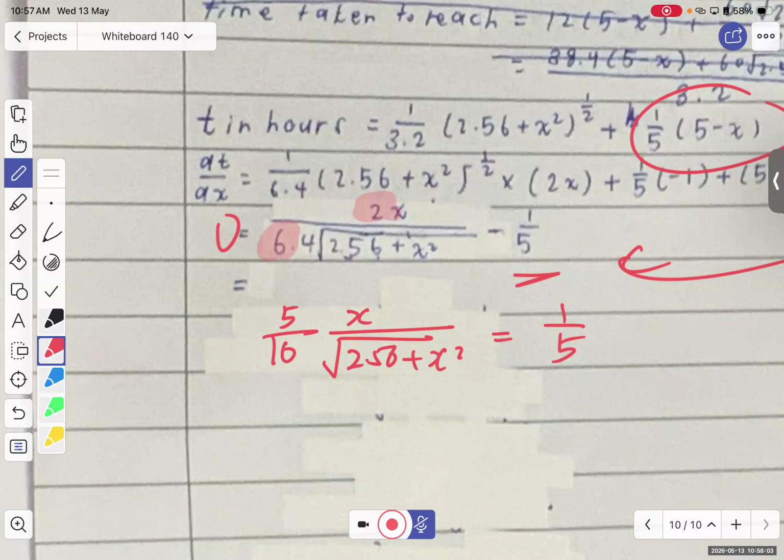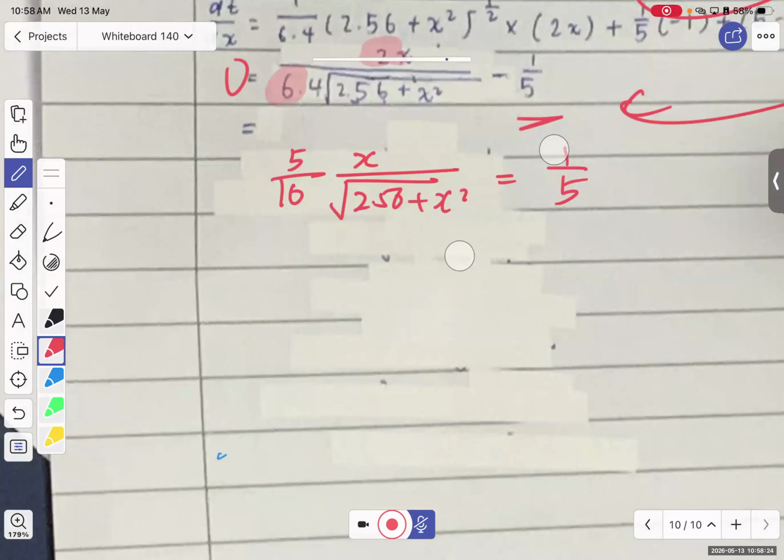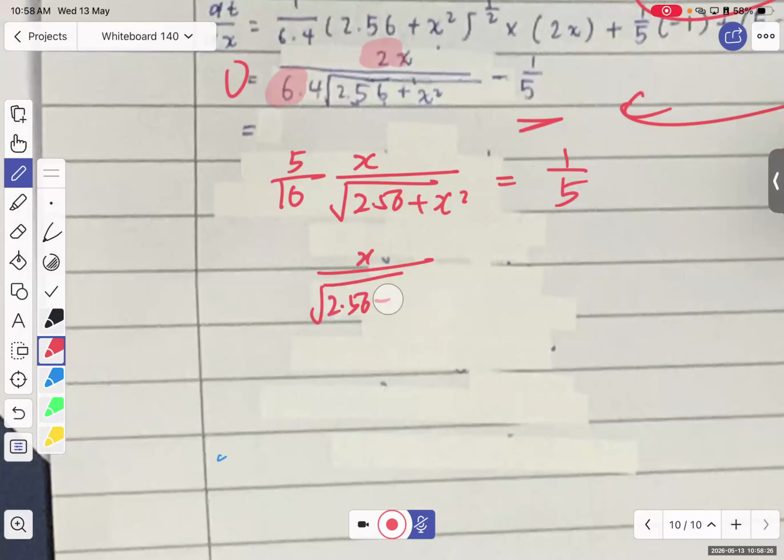Make sense, right? Because you bring it to the left. Now, 1 over 5 divided by 5 over 16 gives 16 over 25. Then you cross multiply.